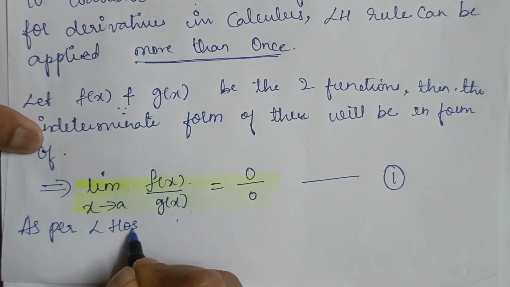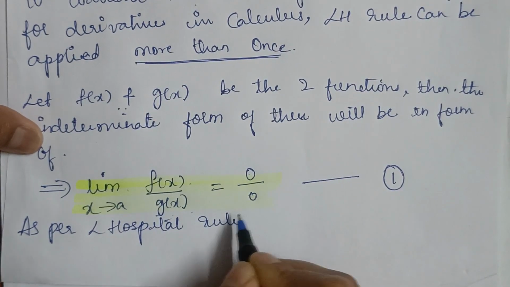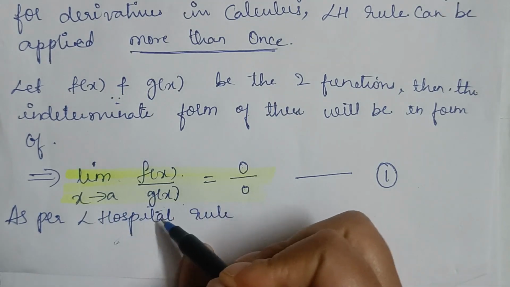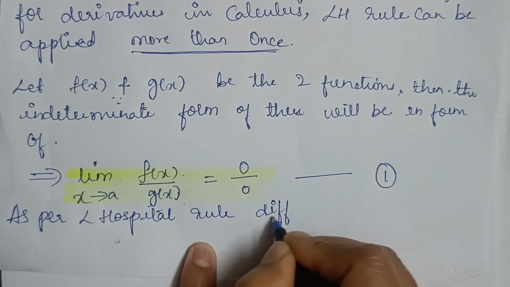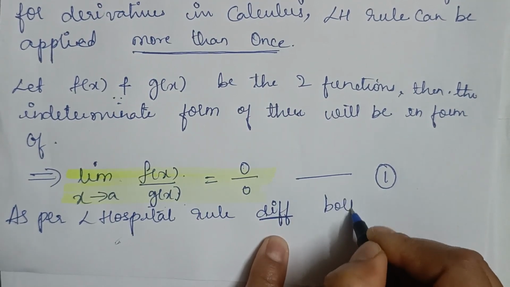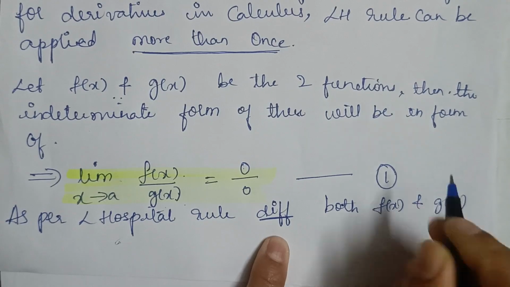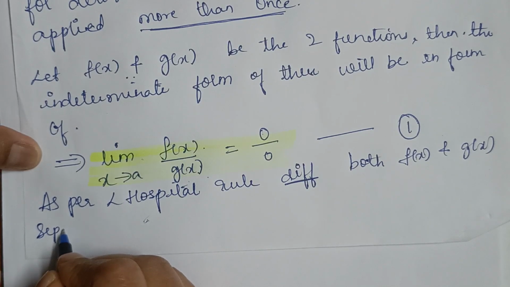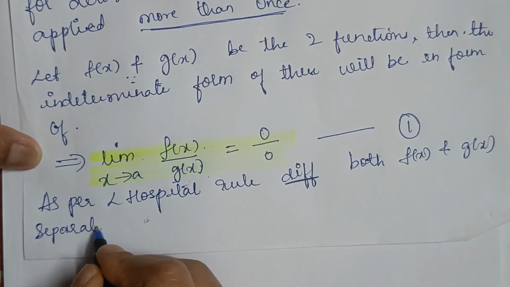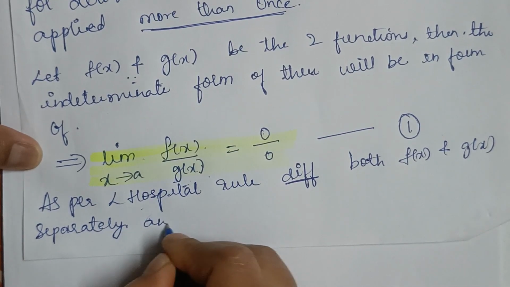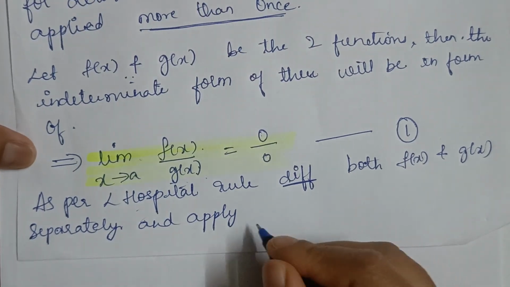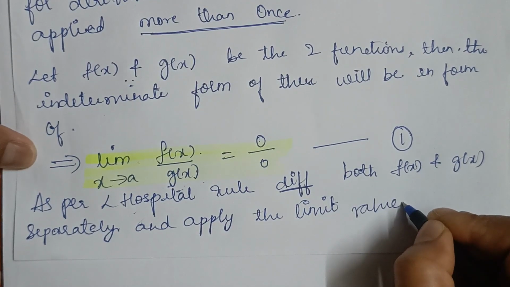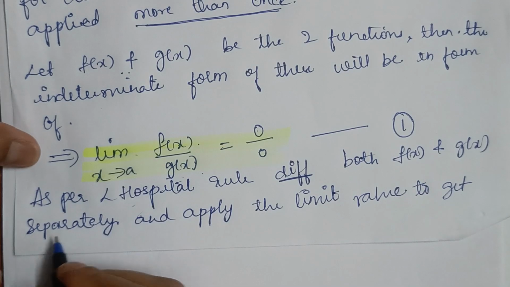As per L'Hospital rule, differentiate both f of x and g of x separately, and apply the limit value to get a determinate value.